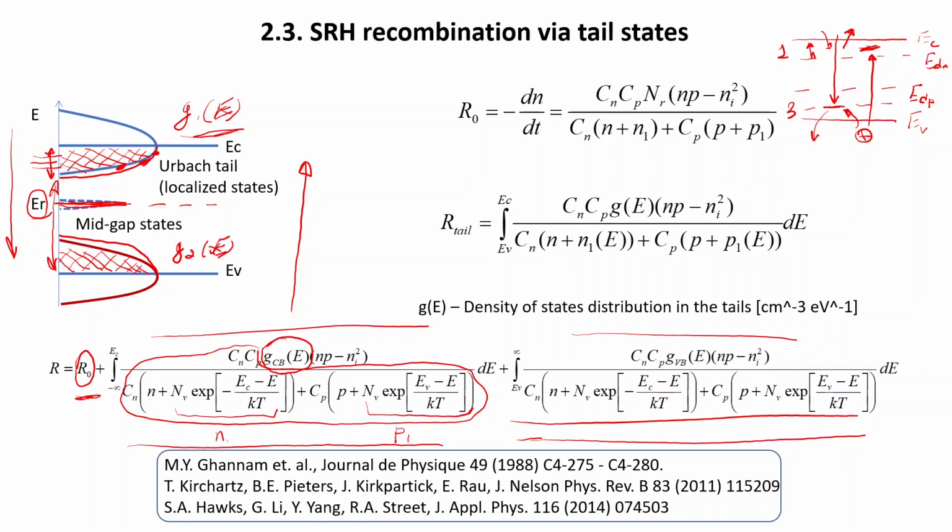And of course we have this region number 2, and this region number 2 corresponds to deep energy levels, because they are located somewhere far away from both valence and conduction band, and energy levels located within this region number 2 mean deep energy levels. If we have a trapped electron, the probability of trapping another hole will be higher than the probability of detrapping.